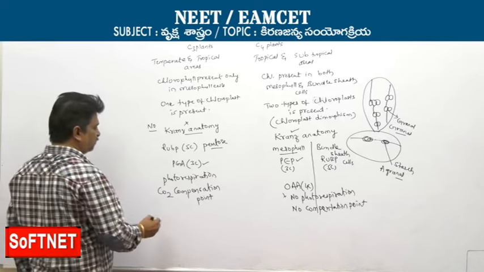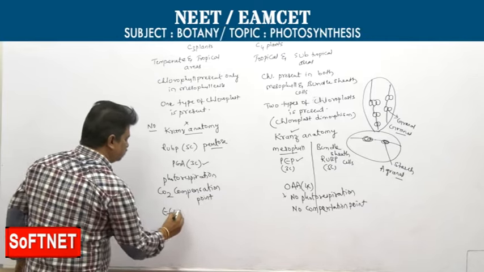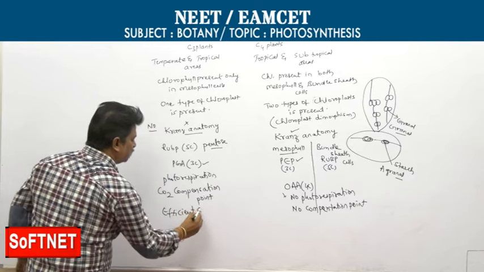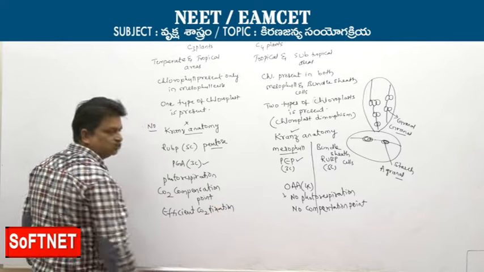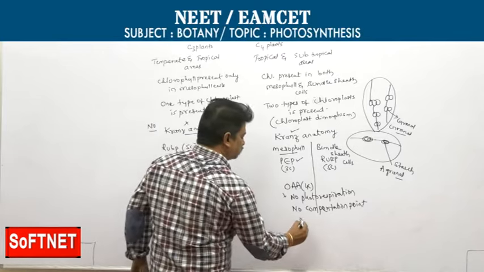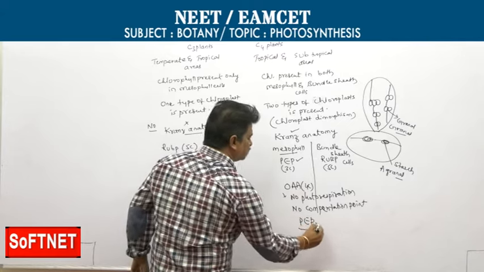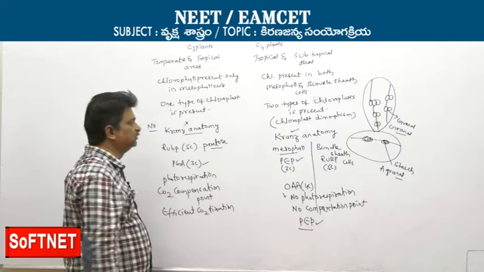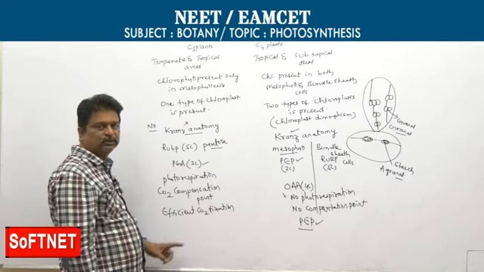And C3 plants do not show efficient carbon dioxide fixation. Then C4 plants show efficient carbon dioxide fixation, because in C4 plants that efficient carbon dioxide fixator is present.